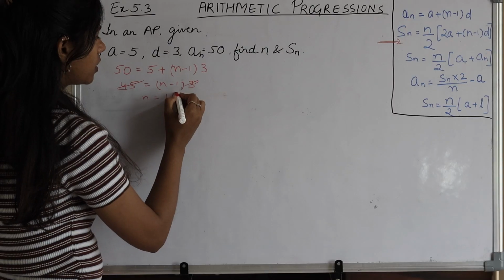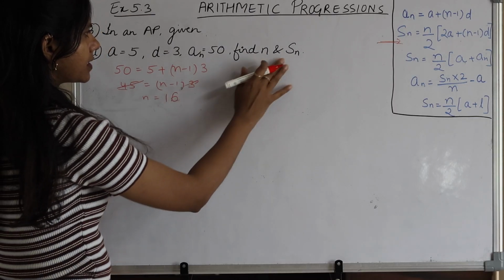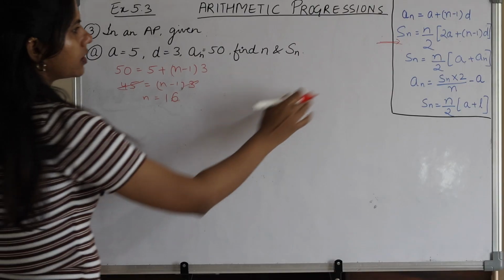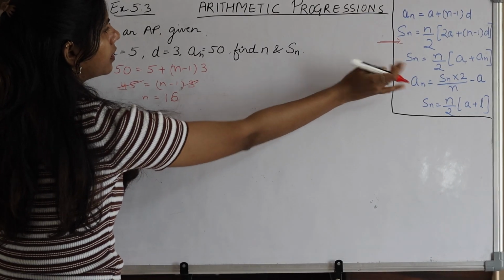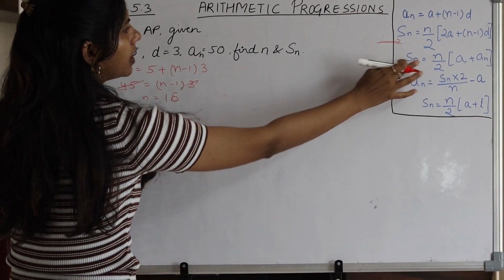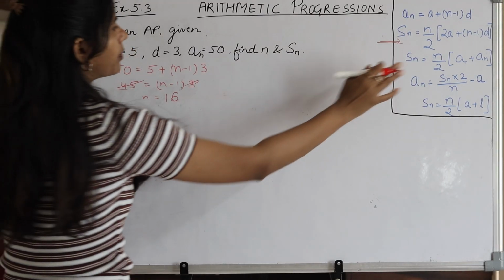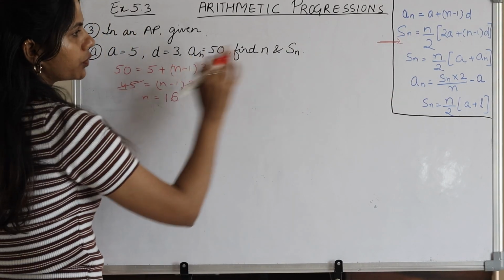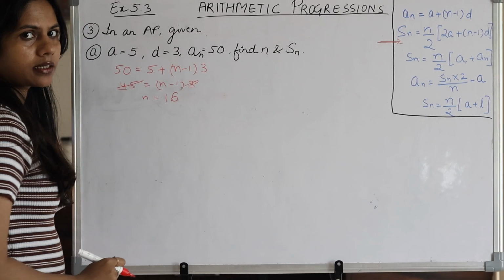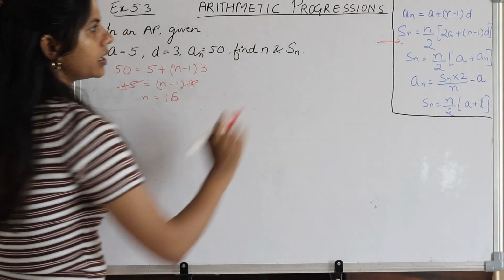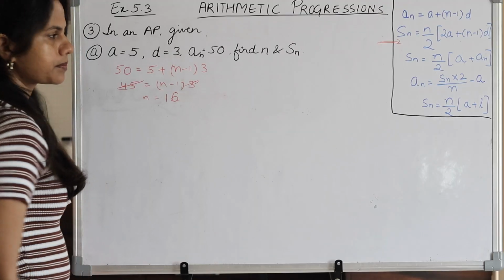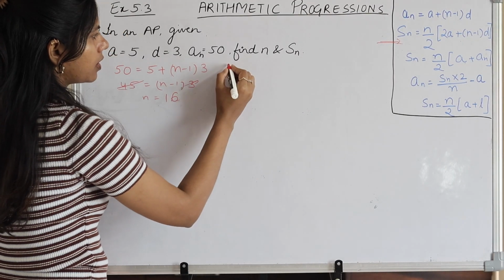Now can we find the value of Sn? Let's see. We have Sn equal to n by 2 (a plus an). I told you, if we have the value of an, then we can think of using this one, otherwise we will go with the other one. So let's use this one.